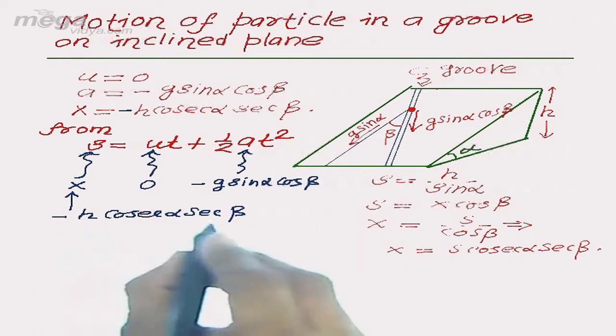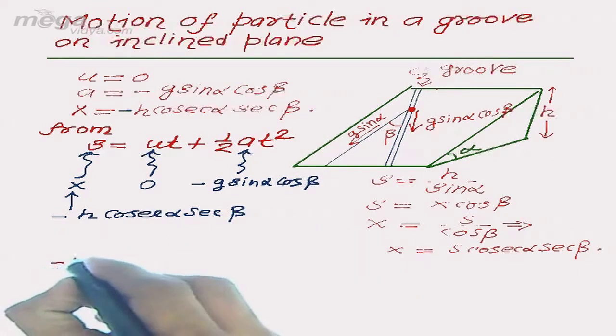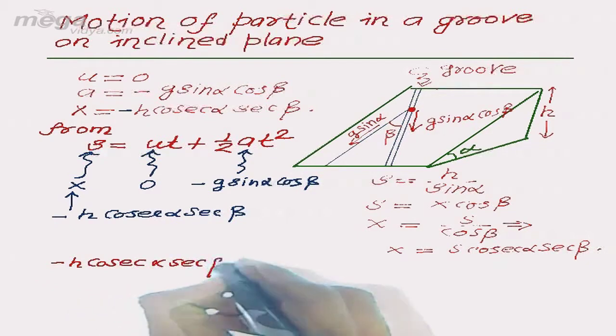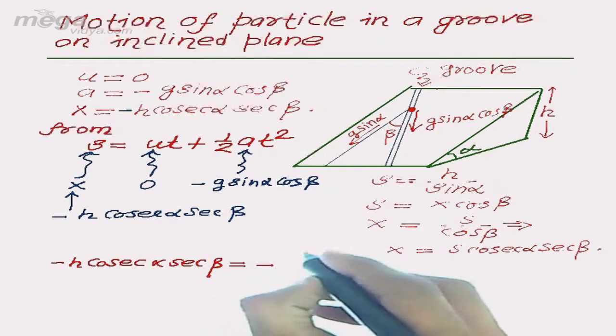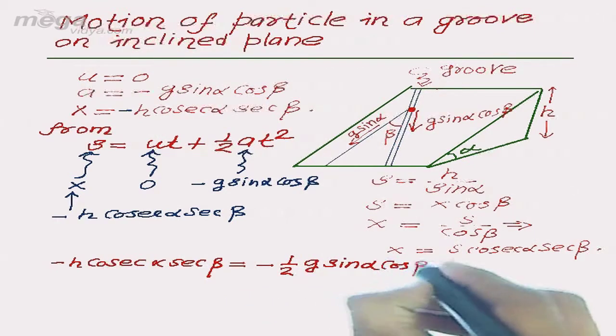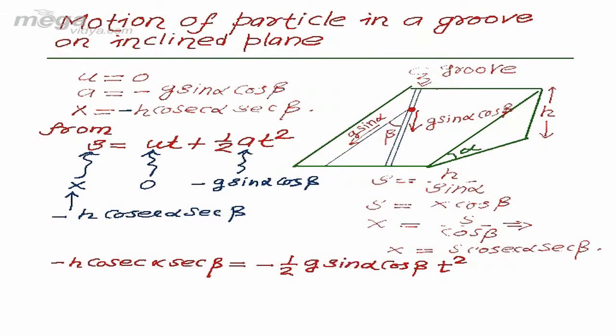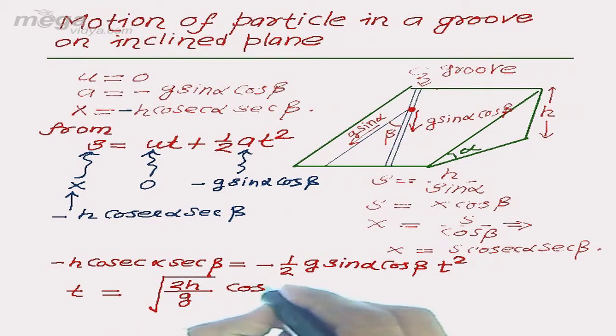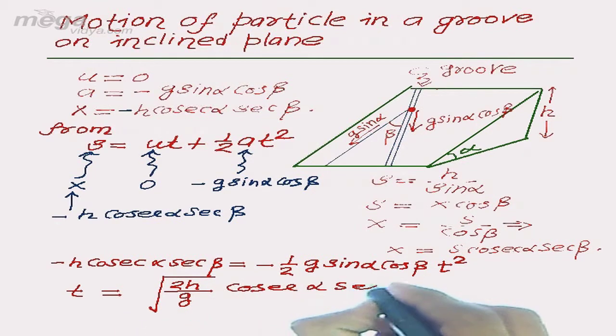From here we can write minus h cosec alpha sec beta equal to minus half g sine alpha cos beta into t square, or by solving it we get t equal to root of twice h by g cosec alpha sec beta.